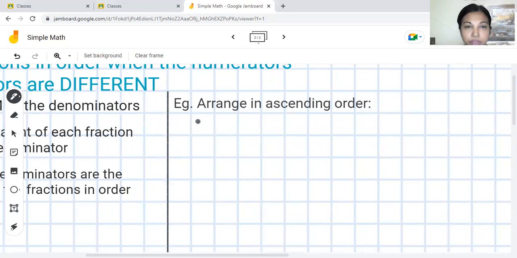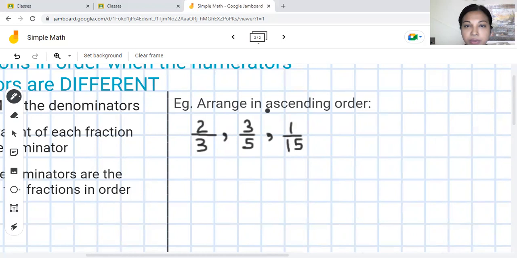Let's say we have 2/3, 3/5, and 1/15. All right.